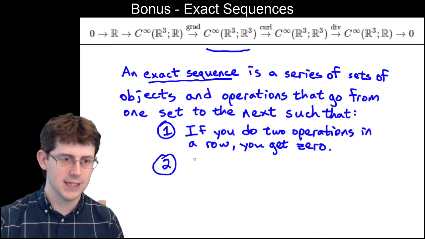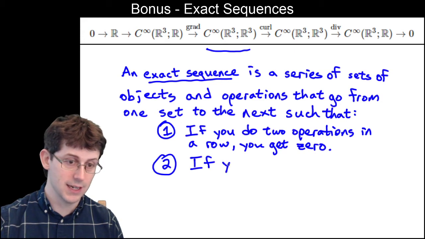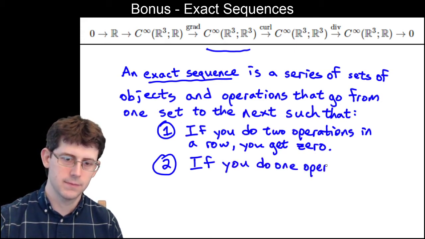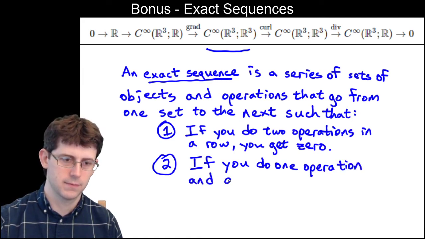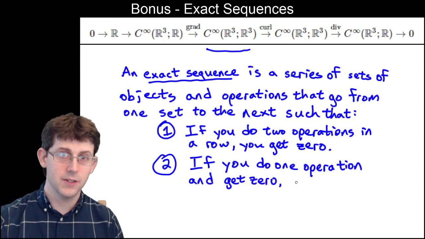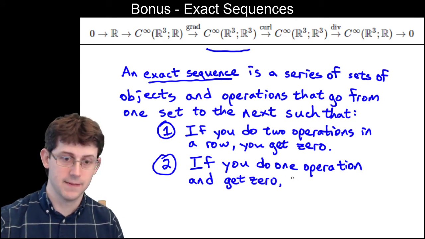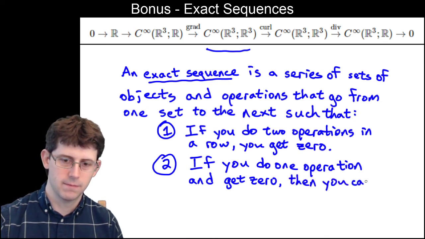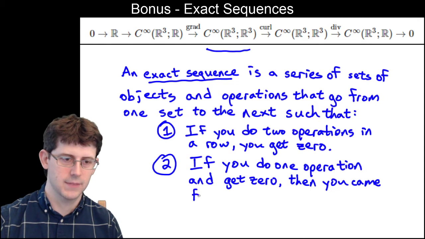The second rule is that if you do 1 operation and get 0, then you came from the previous operation, even if you didn't know it.